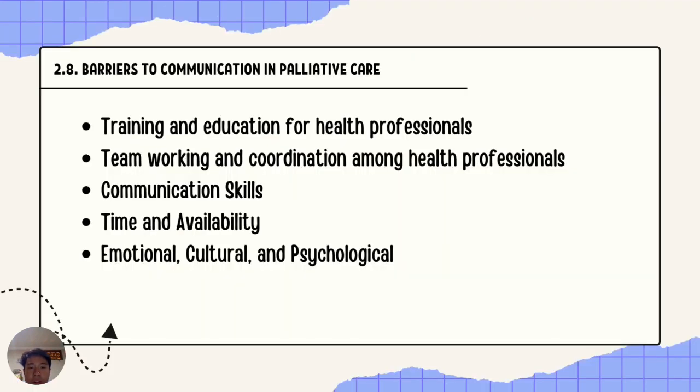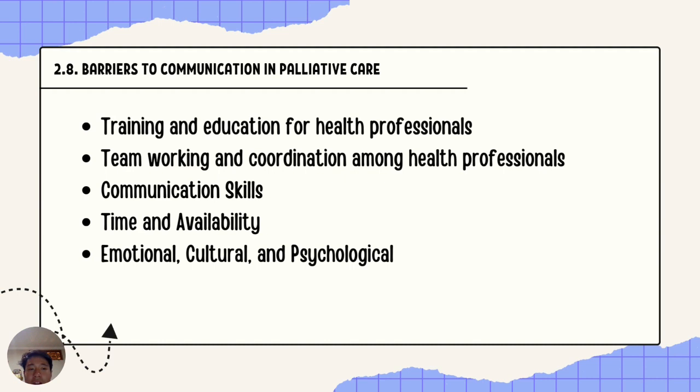There are five points. The first one is training and education for health professionals: skills in conversation and training programs in emotional intelligence, cultural competency, and effective communication strategies. The second is teamwork and coordination among health professionals in order to overcome communication barriers and deliver comprehensive and patient-centered care.